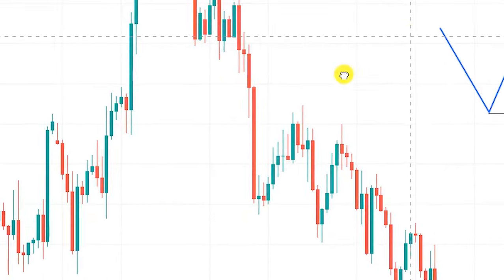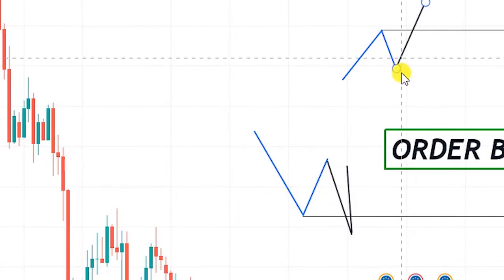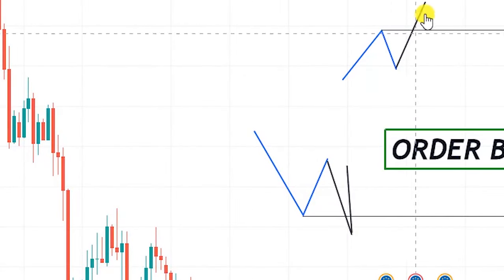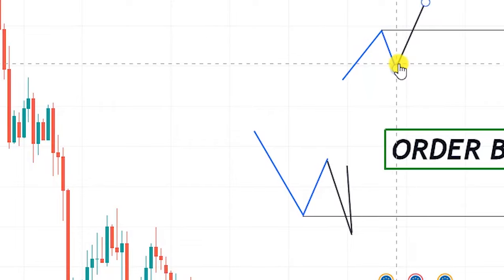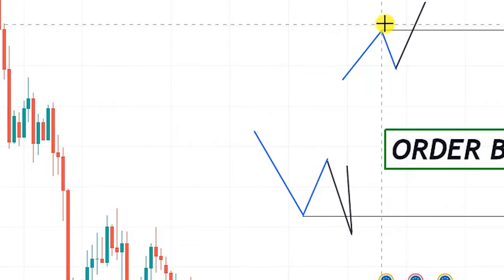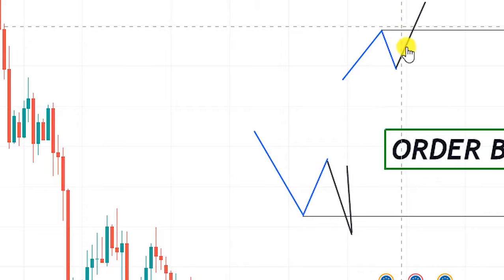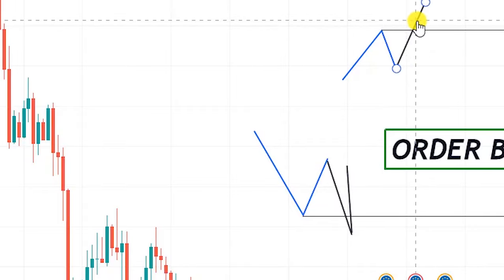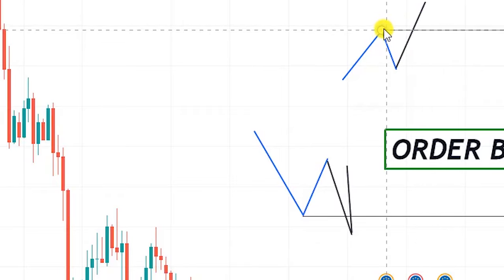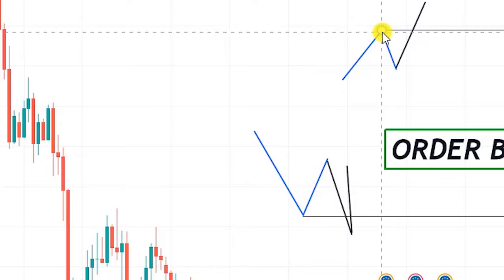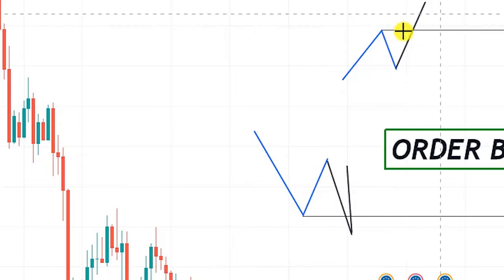It spends its money to do what? To buy, because they know they will get the money they spent in buying, in opening all these positions, from the stop losses of those traders at these highs looking to sell. Then also those breakout traders that are buying whenever price breaks a high or a structural high, which is this high now, they will collect the stop loss by doing what now?